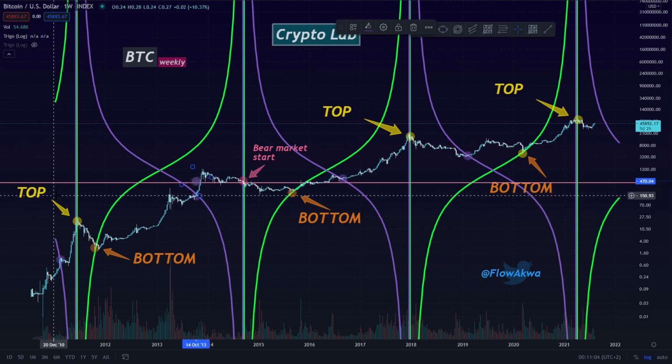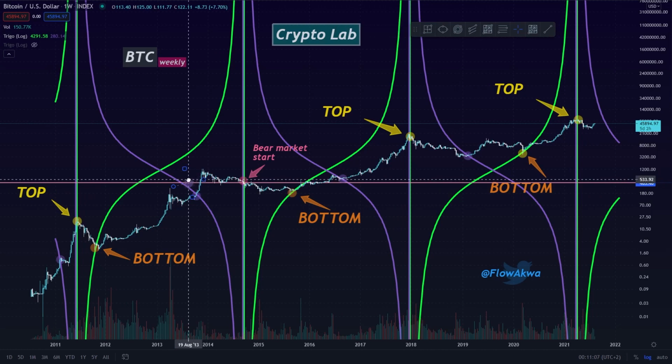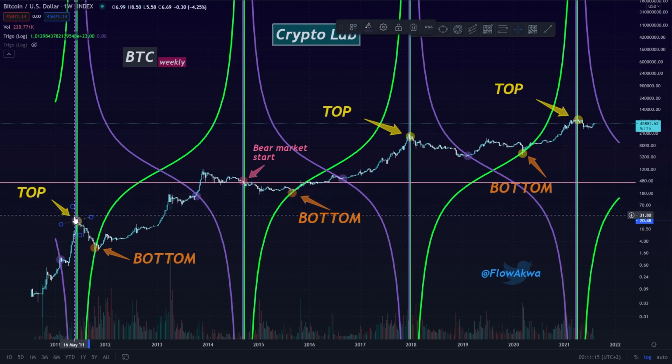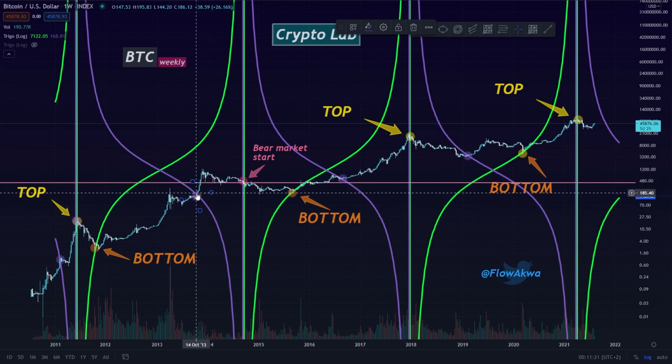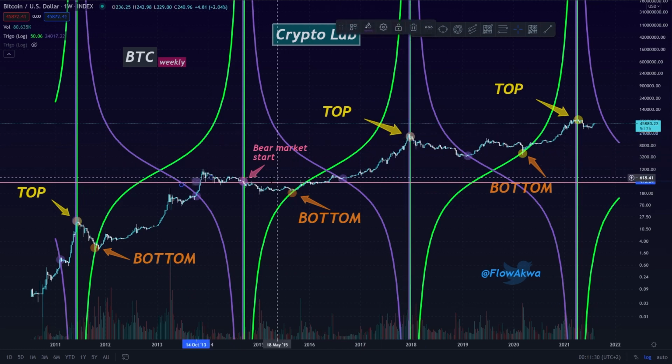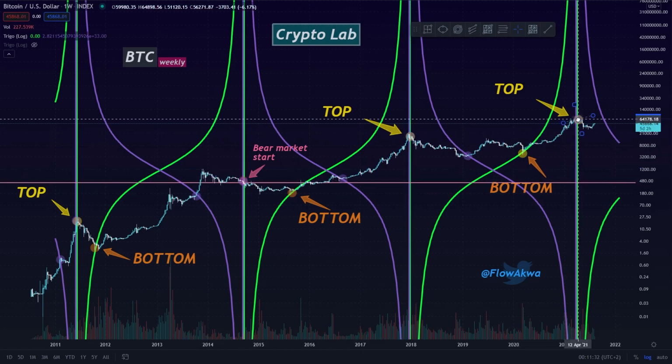And of course, I didn't put it because it is exactly the same as the original tangent indicator, but every time we also have the line of the mirror right here that is crossed. Okay, so we have a point right here, another point right here, another point right here, and another point right here.